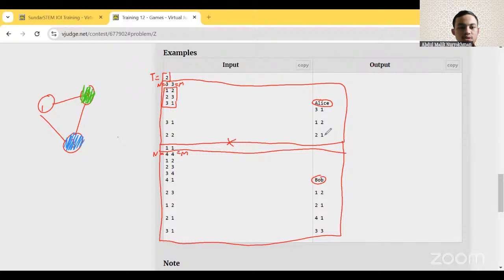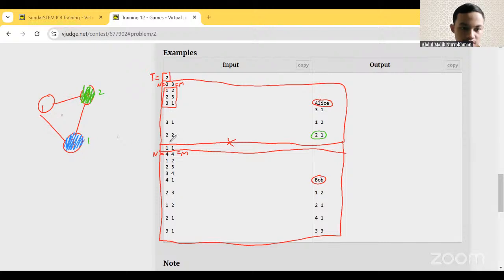In the next turn, because this is color 1 and this is color 2, Alice can give another two colors, which are 2 and 1. So Bob cannot avoid coloring a vertex with the same color.